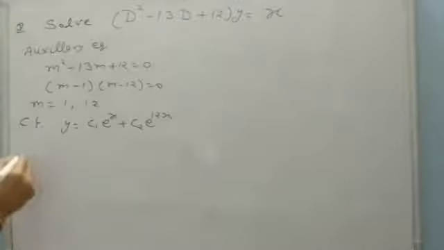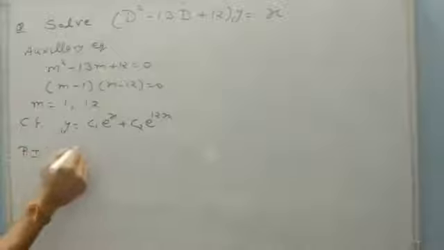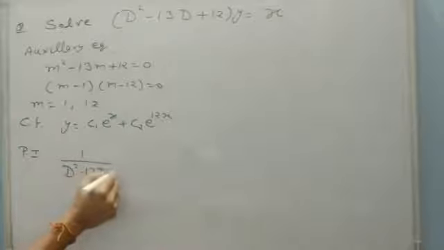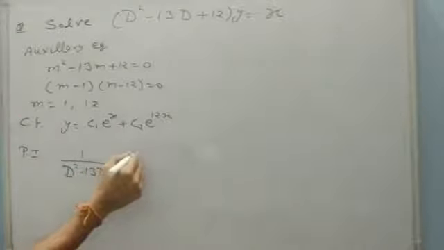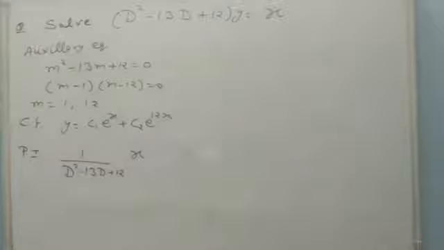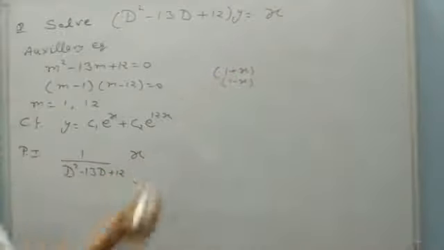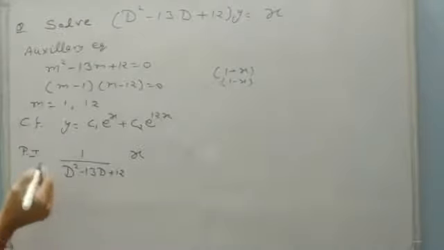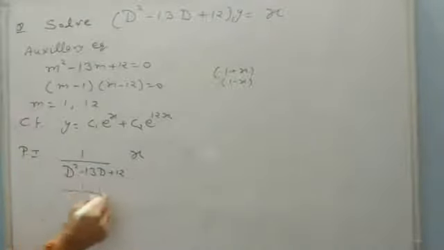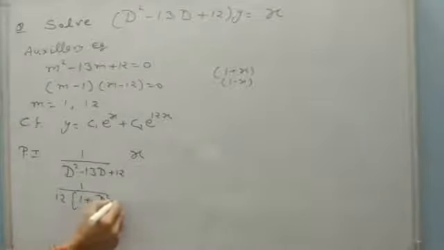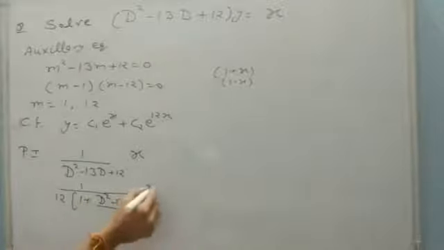Now in the case of particular integral, the function will become 1 upon D square minus 13D plus 12 of x. Remember, I have to convert it in the form of 1 plus x form or 1 minus x form. So for this I will take 12 as a common, so it will become 1 upon 12 such that 1 plus (D square minus 13D) upon 12 of x.